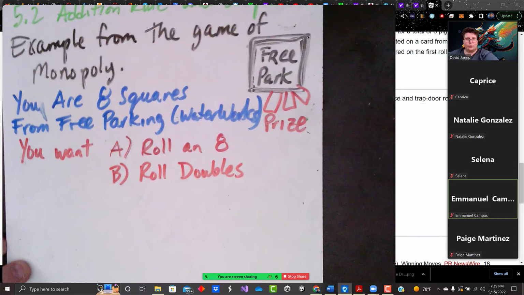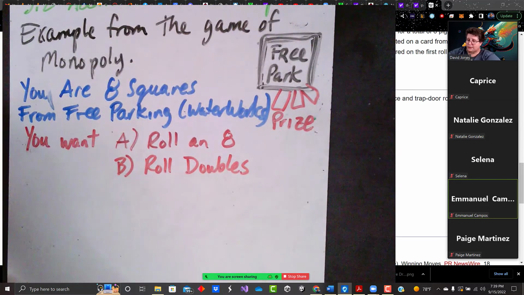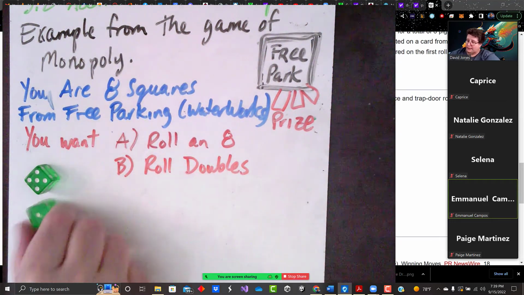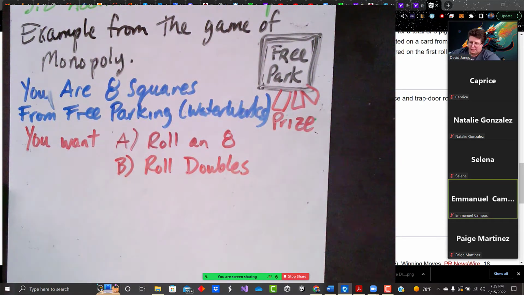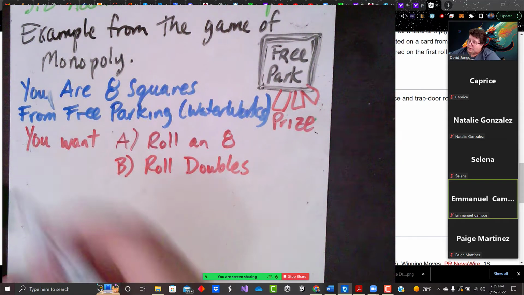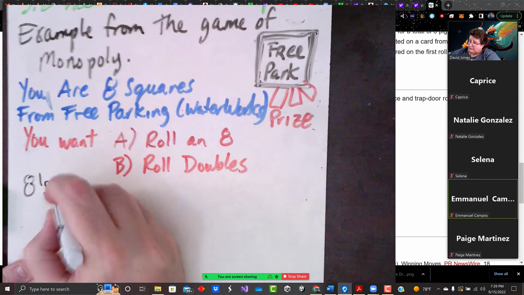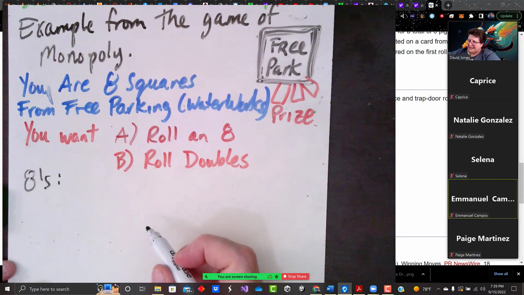So, what are the ways that I can roll an 8 or doubles with 2 dice? Well, if one of them is a 1, I can't do anything with it. The only one that matters would be, let's look at the 8s first. I can't roll a 1 and a 7 because there's no 7s.